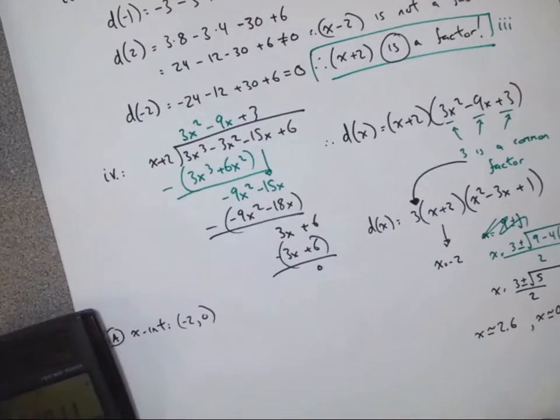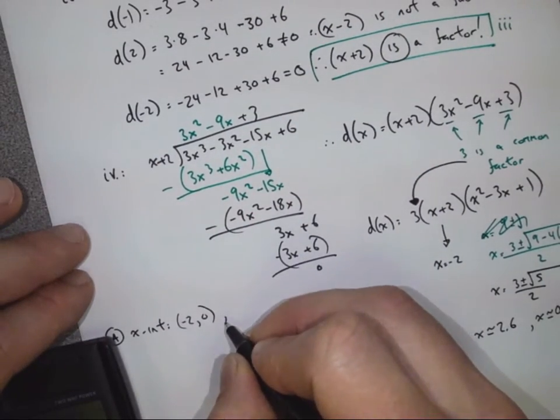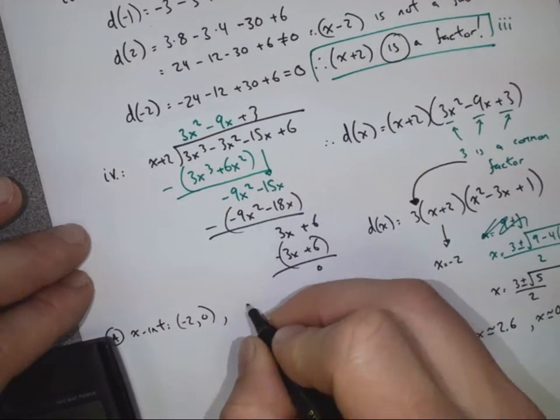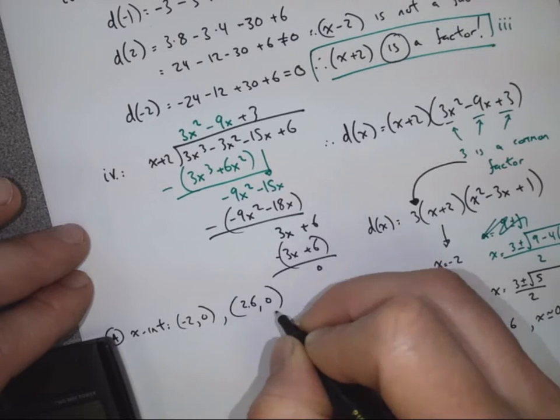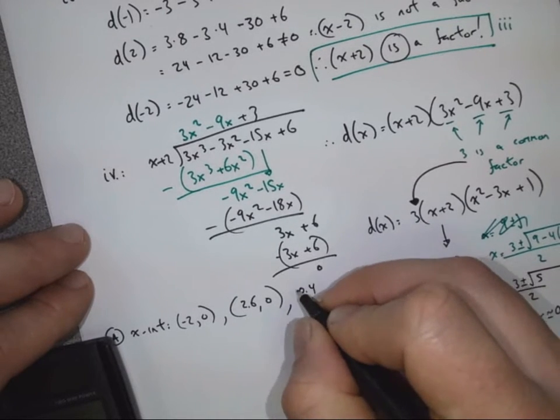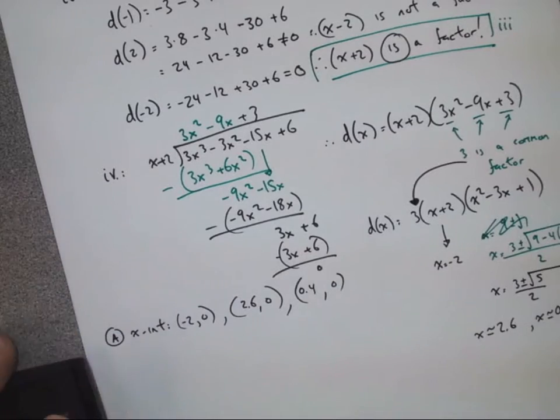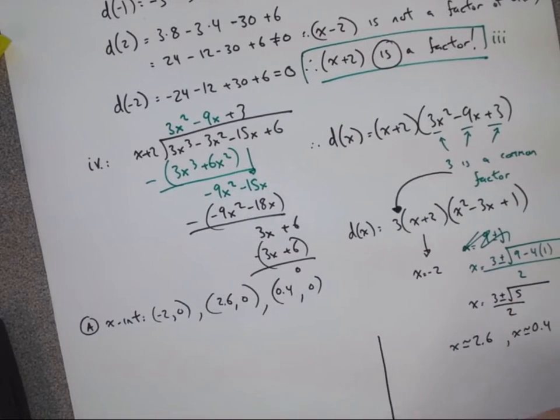All right, so we end up with 2.6 and 0, and 0.4 and 0. All right, so I'm going to sketch that out.